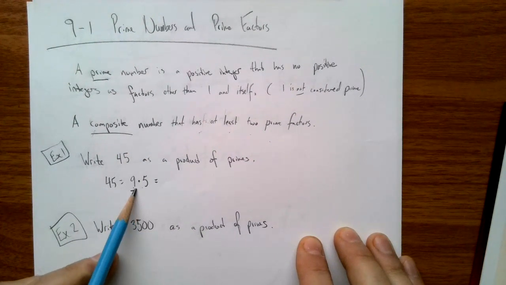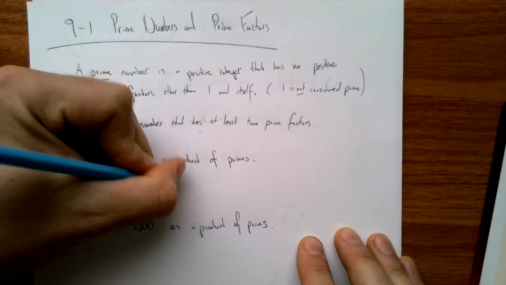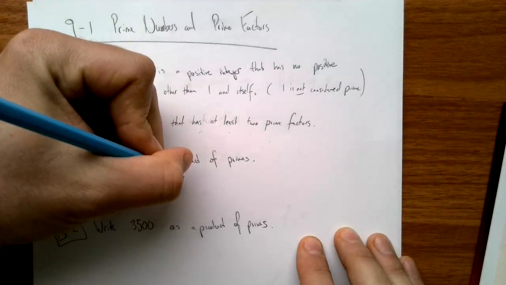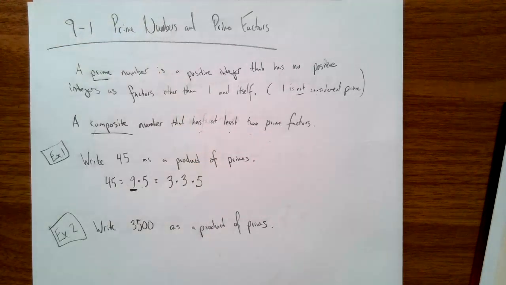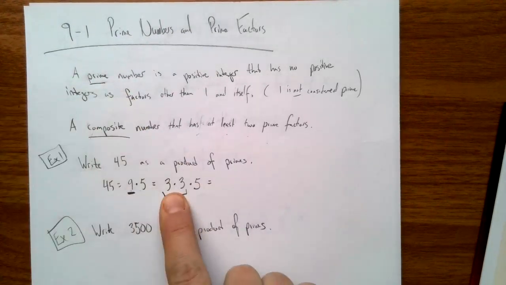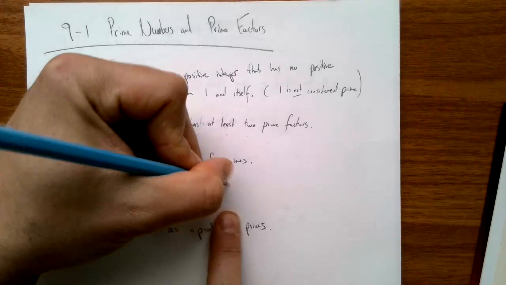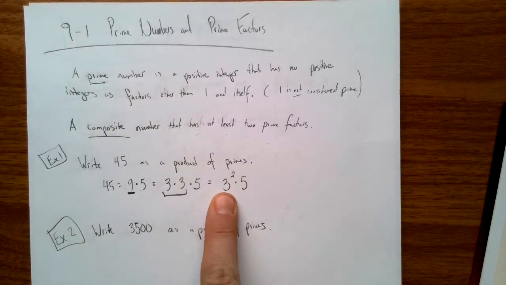So we're going to keep factoring the composite or non-prime numbers. And 9 is, of course, equal to 3 multiplied by 3. And then the last thing that we're going to do is any repetition of a factor, we're going to express that as a power. So 3 times 3 we're going to express as 3 squared.